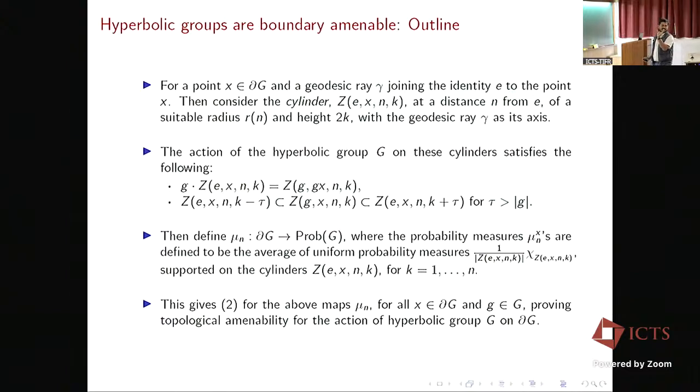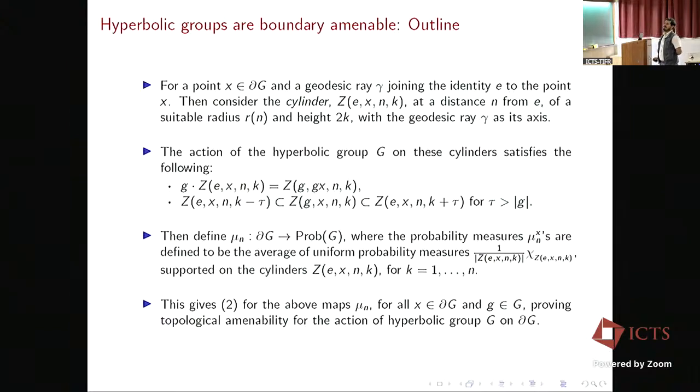And since the group is finitely generated, this will have finitely many elements, and we can define a uniform probability measure again on this set. And this set satisfies these relations with respect to its translates.